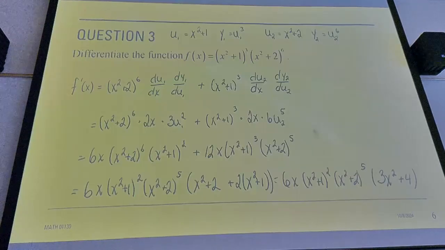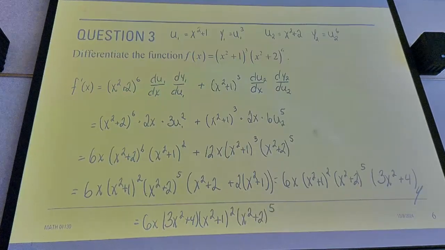X squared plus 4. Again, or if you wanted to, you could write it so that the powers are in ascending order. So you could write that way as well. Doesn't matter.